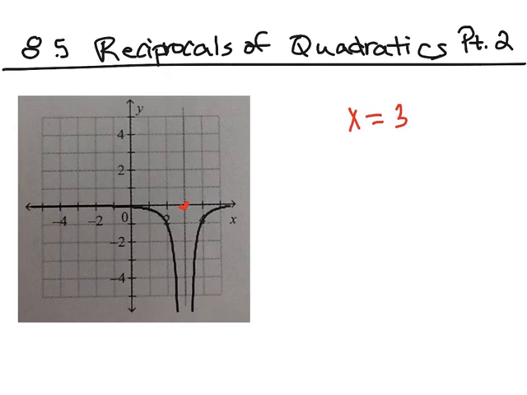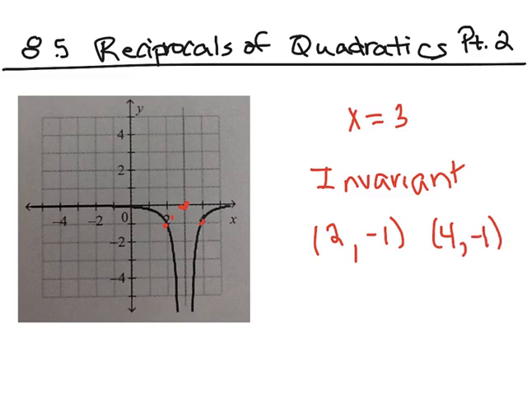Next, we'll plot our invariant points, which are at 2 and -1 and 4 and -1. Now all we do is draw our line through these points, and there's our graph. Except that was really poorly drawn. You're welcome.